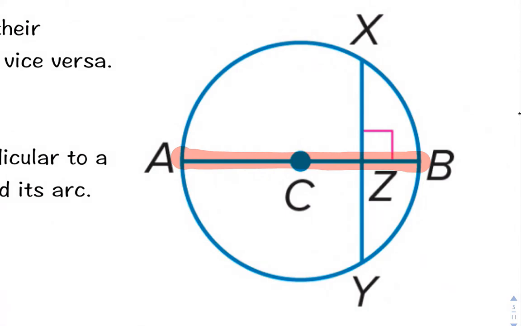Well, if I know that diameter is perpendicular to this chord XY, so I know that's a 90-degree angle, then that tells me, okay, XY is being bisected, so these 2 segments are congruent to each other. It also tells me that arc XB and arc YB are congruent to each other.